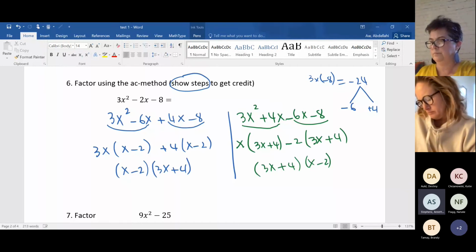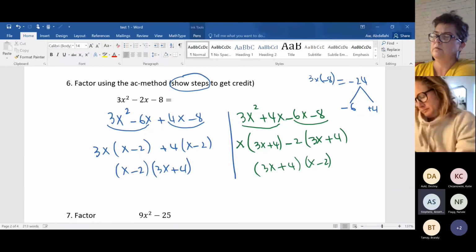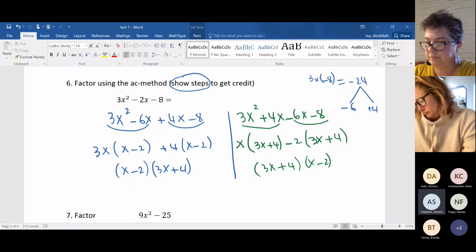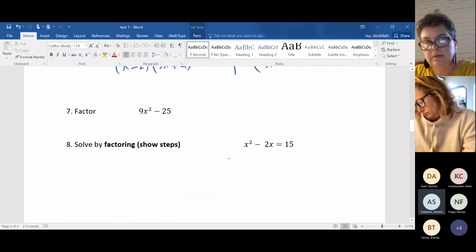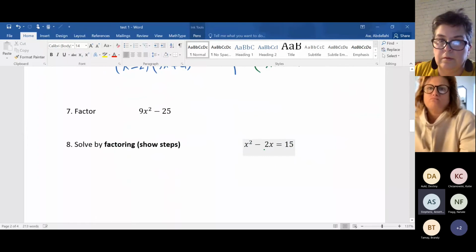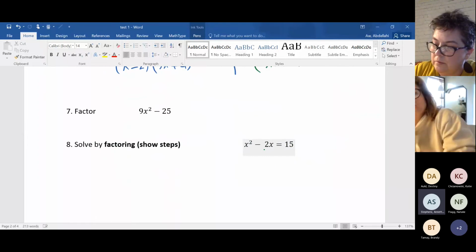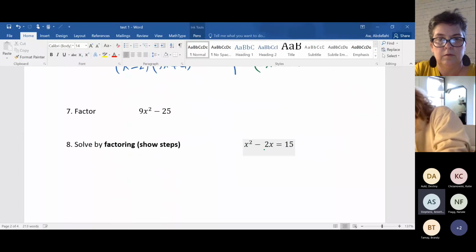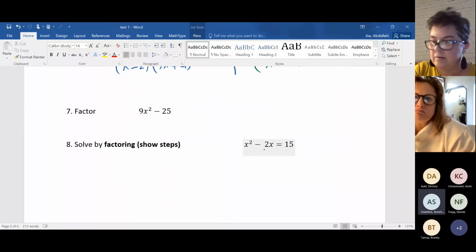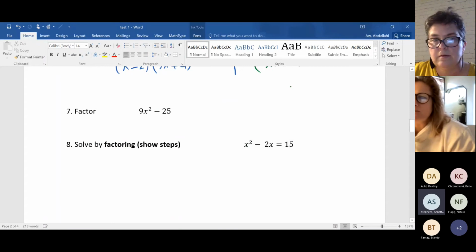Okay, so again, refreshing memories, this is what the final exam is about, refreshing memories, right? So factor 9x squared minus 25. This matches what formula? Just there's squares, taking the squares out.